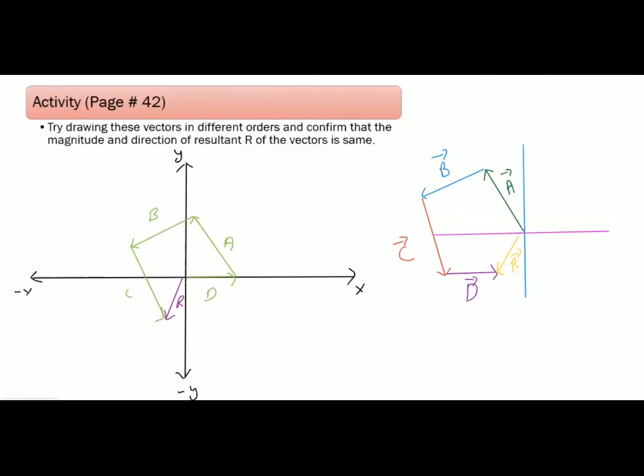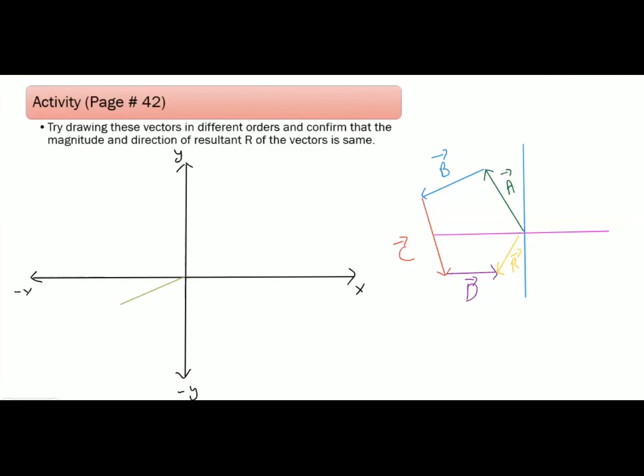Now let us try something different. Instead of drawing vector D first, now let us draw vector A first. No, sorry, A is already drawn. So let us try with vector B. From the origin, we will draw vector B in the same direction.